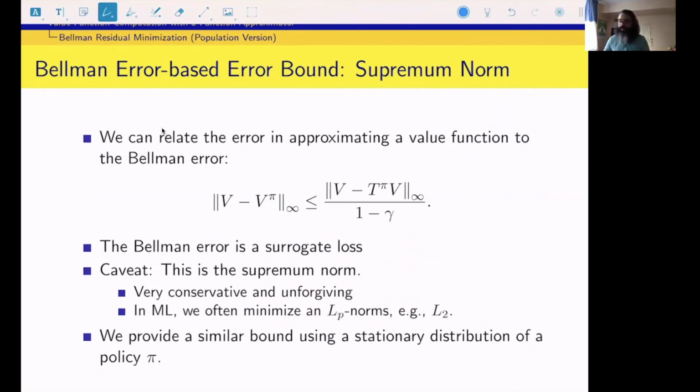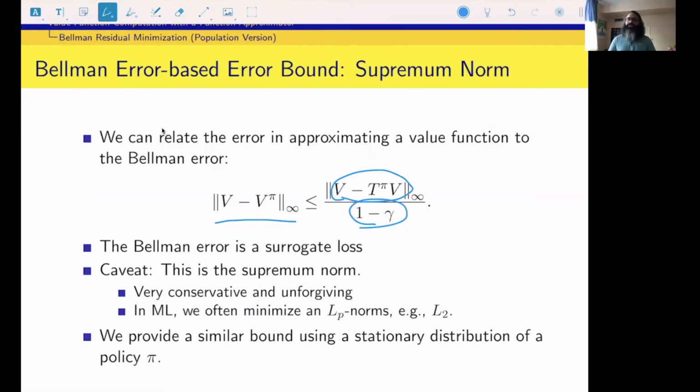We had this upper bound that says that if we take the supremum norm of V minus T^pi V, it provides an upper bound on the supremum norm of V minus V^pi, with a division by 1 minus gamma.